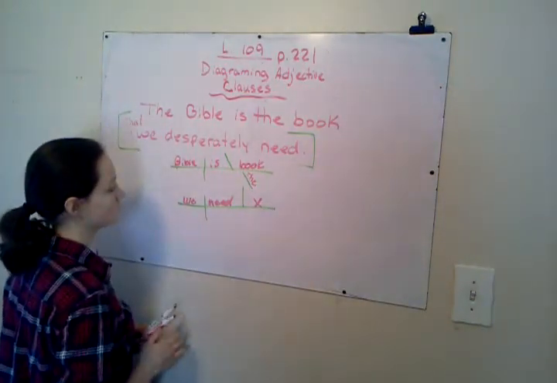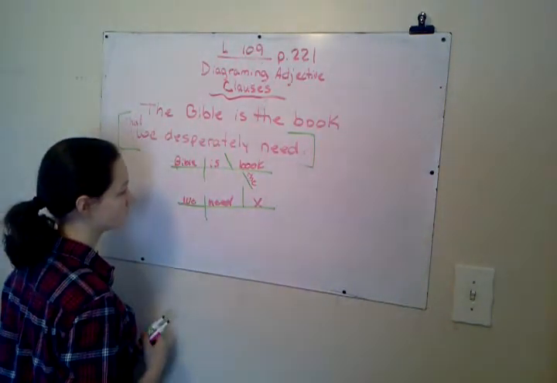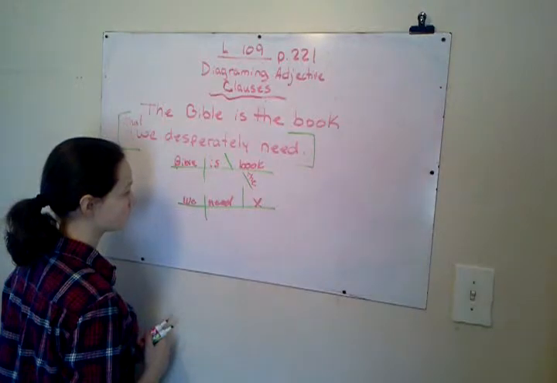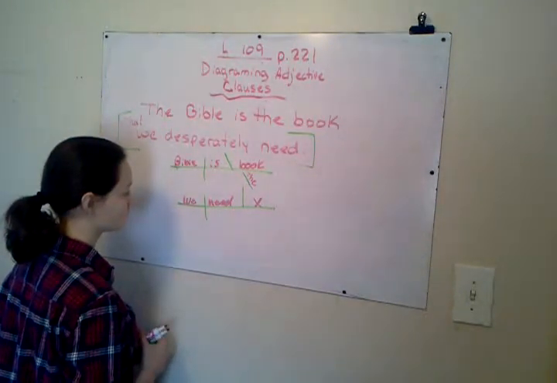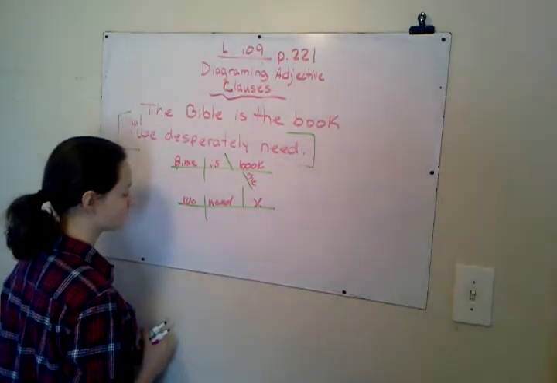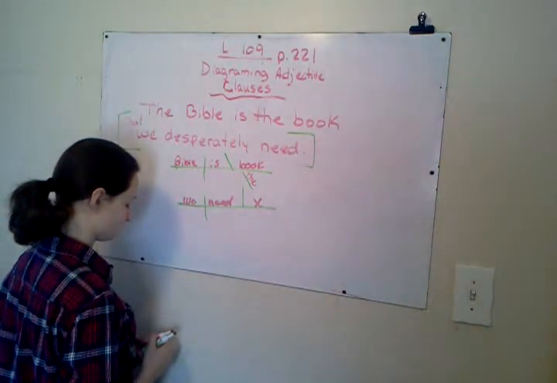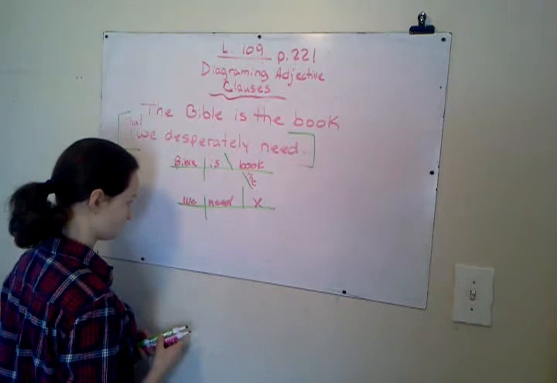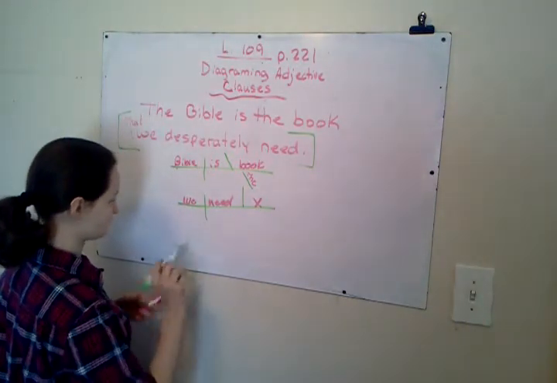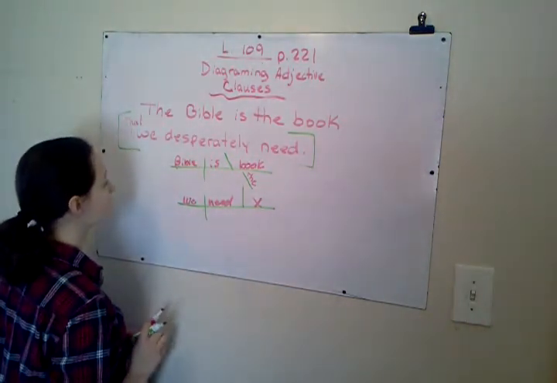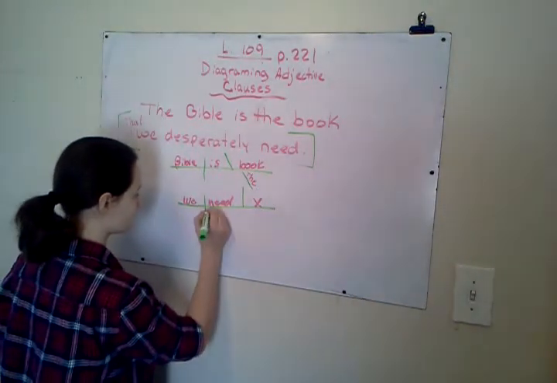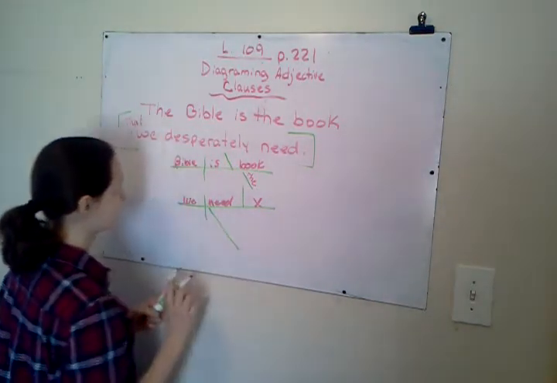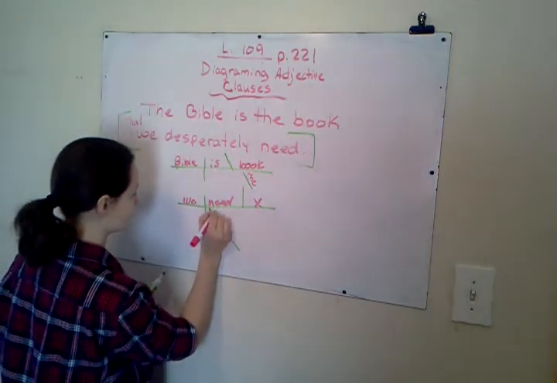Now the reason we used an X is because the word that belongs in that location on the diagram, but it's not stated in the sentence. Whenever anything is just implied and not stated in the sentence, we use an X. And then there's just one more word we need to place, and that is desperately. Desperately is an adverb that tells to what extent we need. So we make a slanted line under need, just like we would for an adjective, and place desperately.